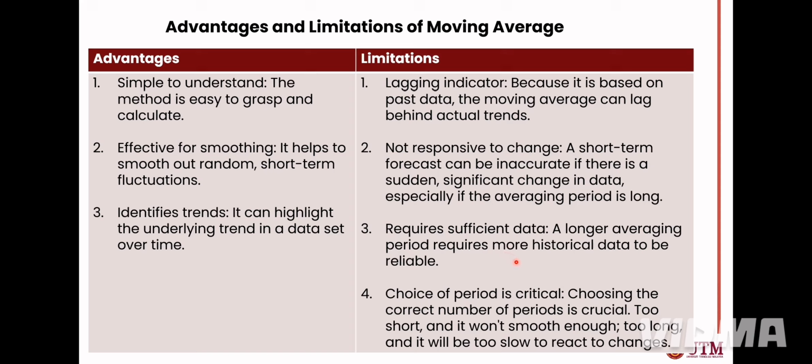The third one, it requires sufficient data, especially if we want to predict a longer period of time, so we need a longer averaging period and also more historical data. The fourth one is that the choice of period is critical, because if we choose the period too short, then the prediction will not be smooth enough. But if the period is too long, then it will be too slow to react to any changes.